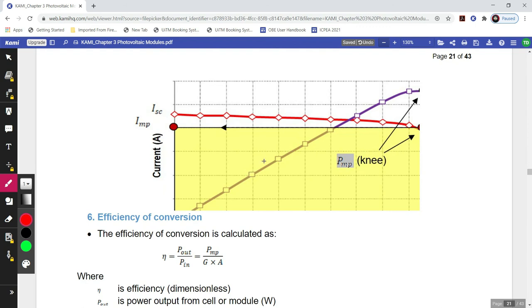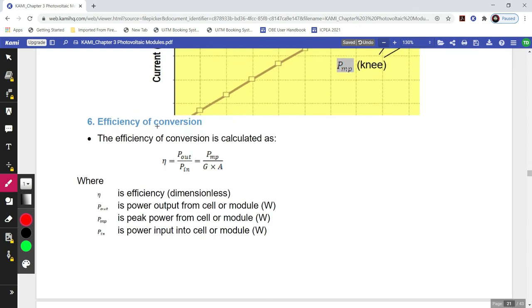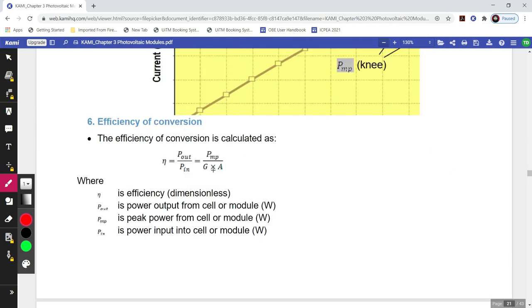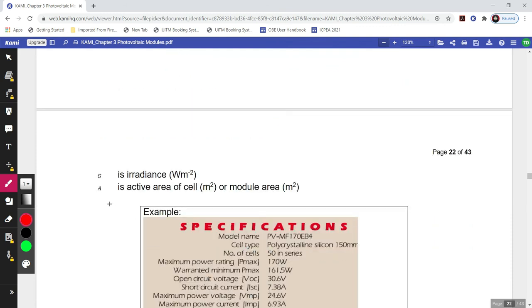So in this figure, efficiency of conversion. Efficiency is P out over P in. P out equals PMP, which equals IMP multiplied with VMP, divided by G. G is solar irradiance, watt per square meter, multiplied with area. Area is the active area of cells, in square meters, or module area.